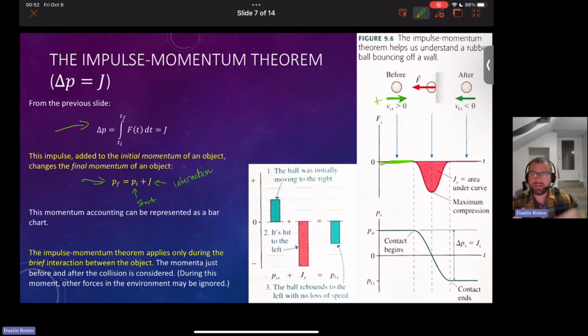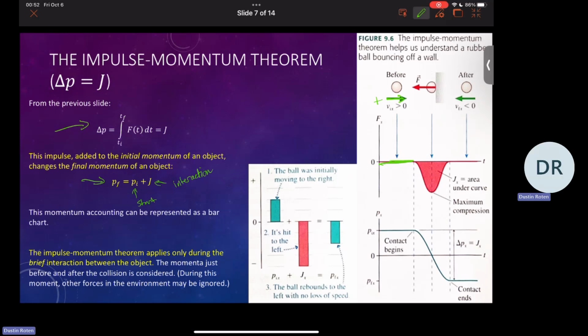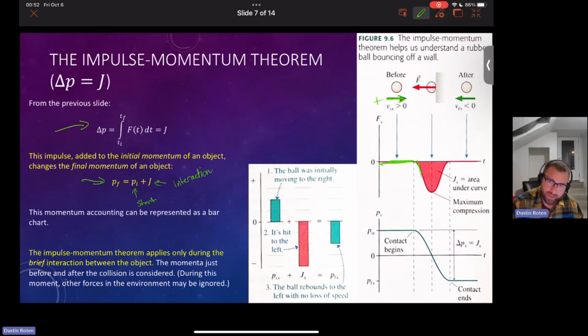Obviously, there's gravity and stuff, but the whole idea is we're looking at just right before the interaction, right after, kind of ignoring everything else. Okay? So during this time, the ball's flying to the right toward the wall. No forces are acting on it. So as it gets over here, it's going to start compressing, right? You can see here. And then eventually it's going to peak.